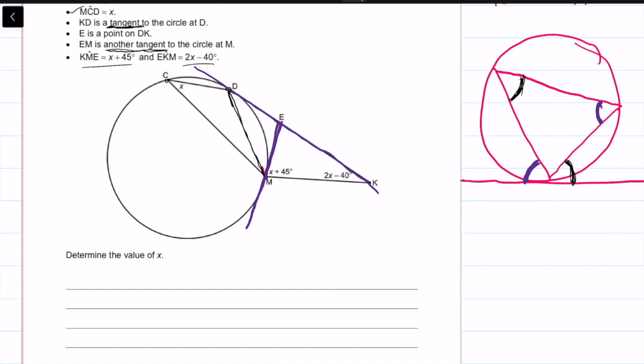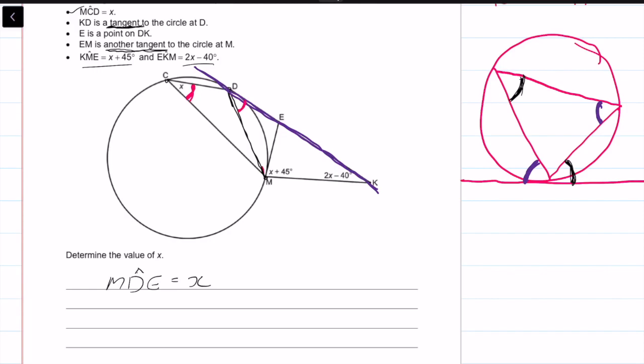Using that, we can say that angle MDE is equal to X. How does that come in? We have a tangent, right? If we look at only this tangent right here, this angle is equal to this angle.